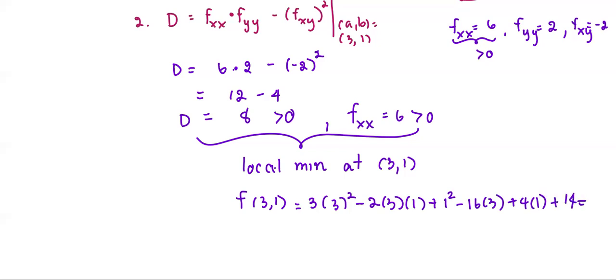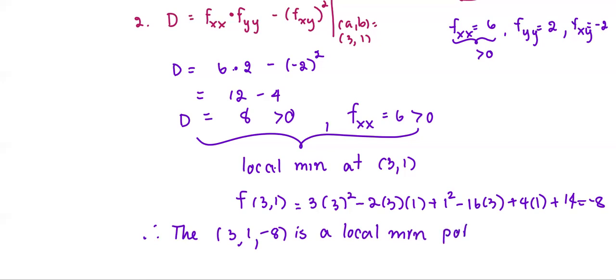The result is negative 8. Therefore, the point (3, 1, negative 8) is a local minimum point on the plane for this function.